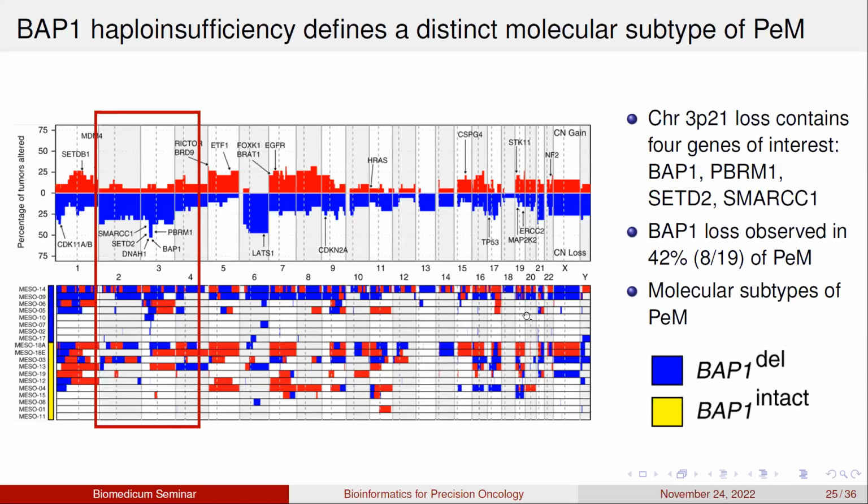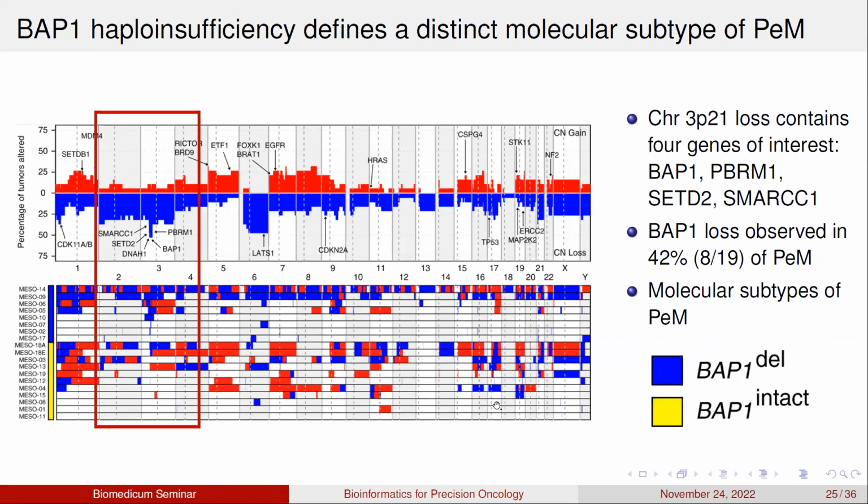And even a single copy loss of this BAP1 gene is sufficient to classify those patients into a separate subtype. So I will present evidence that there are 2 different subtypes of this cancer, one with BAP1 deleted, which we call BAP1 deletion, and the other with BAP1 intact, as highlighted in yellow here.